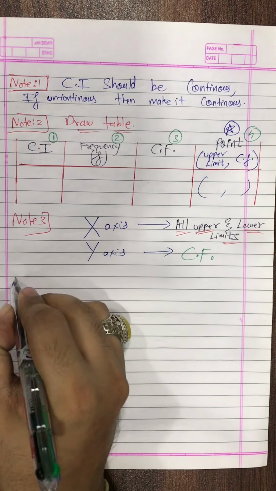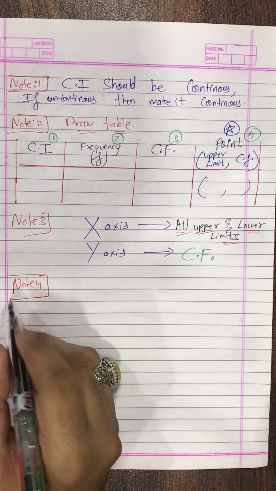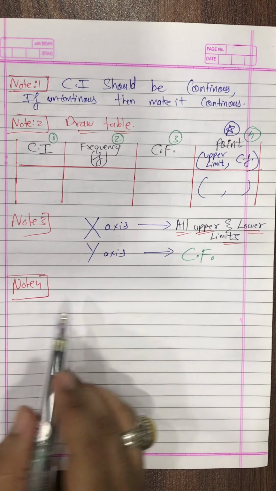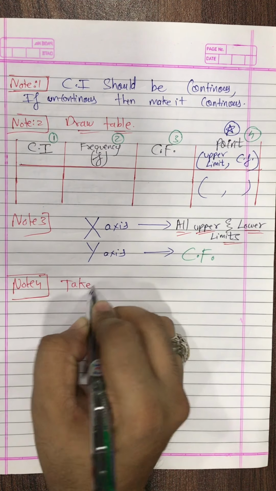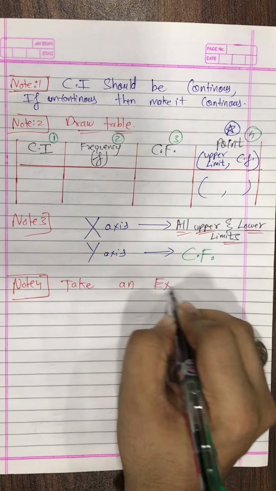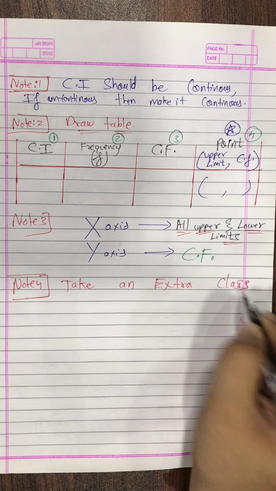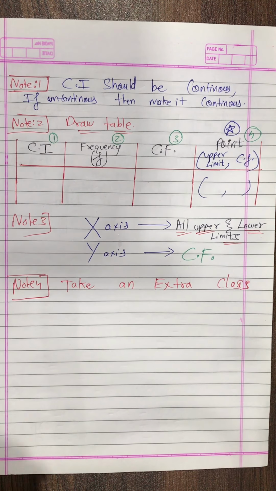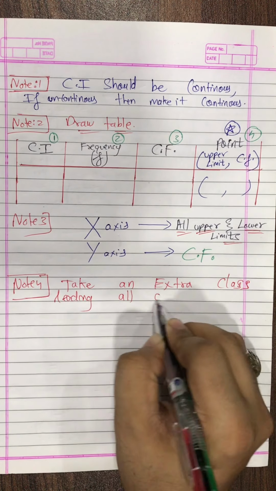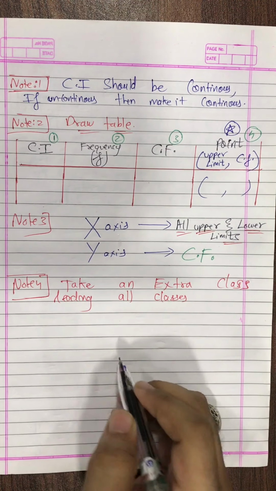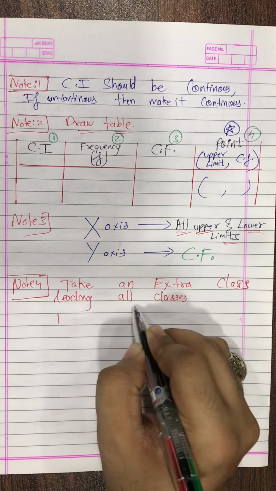Note number 4. You will not understand this in much detail at present, but when you do the sum, you will understand this. Note number 4: take an extra class leading all classes. Why?